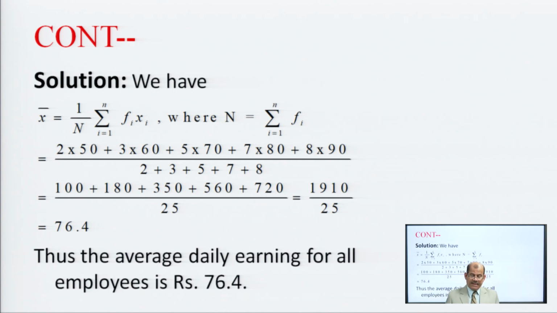It is equal to 100 plus 180 plus 350 plus 560 plus 720 divided by 25, which is 1910 divided by 25, and it is equal to 76.4. Thus, the average daily earning for all employees is rupees 76.40.